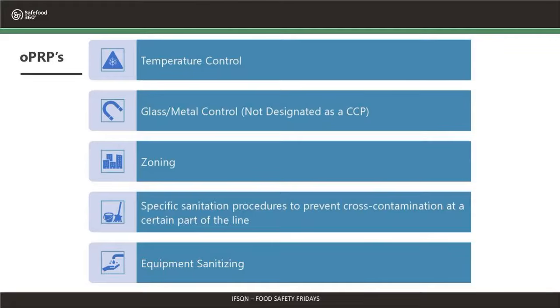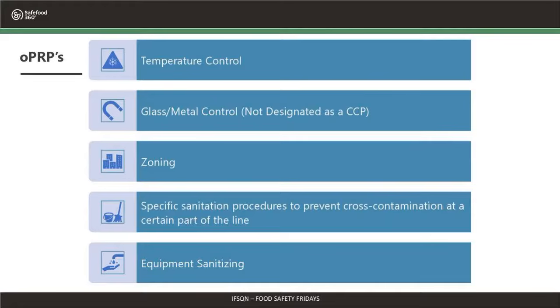But here are some examples. We have temperature control, metal control, zoning, specific sanitation procedures to prevent cross-contamination at a certain part of your production line, and equipment sanitizing. So here are some examples of OPRPs that somebody may have.